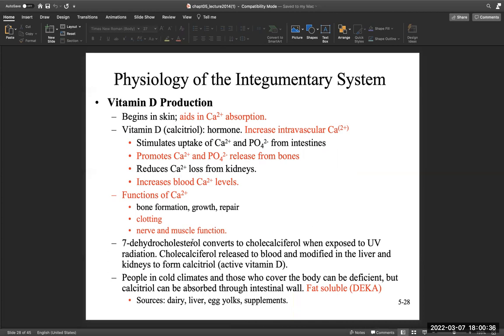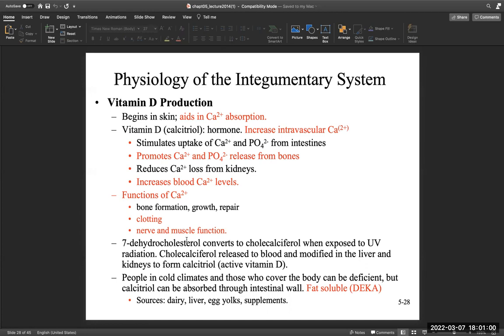We need cholesterol to produce testosterone, to produce estrogens and bile salts, right? We also know cholesterol is very important for the integrity of our plasma membrane. So cholesterol is very important. Cholesterol is also the basis of vitamin D production. So we have this 7-dehydrocholesterol.